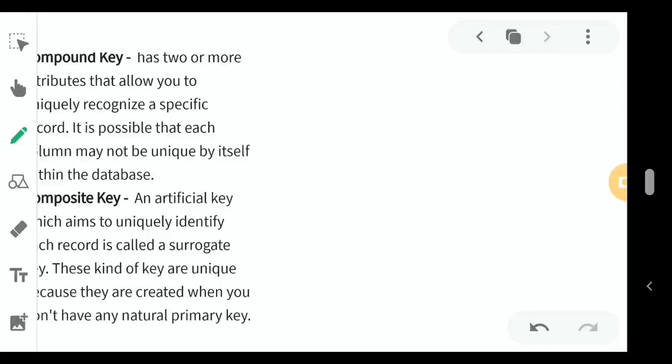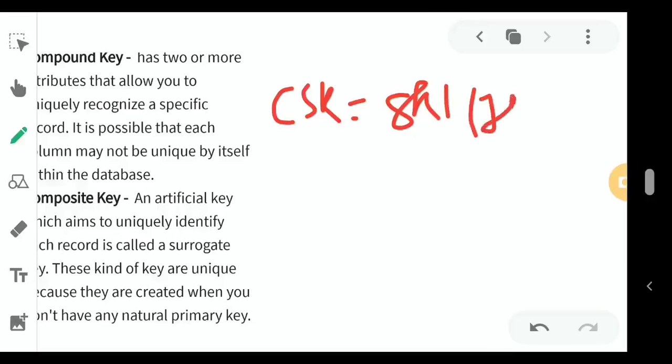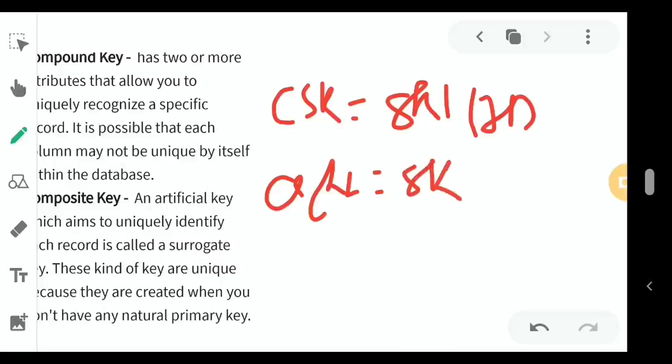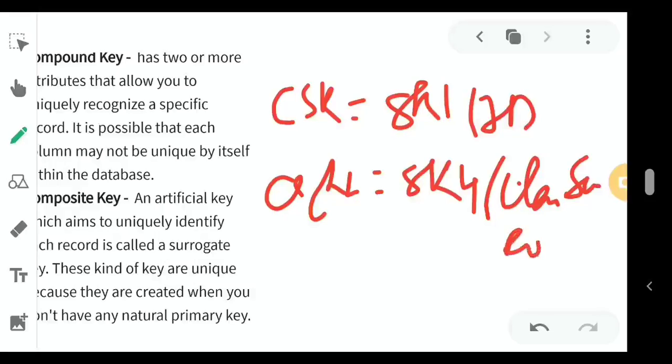Suppose CK1 is equal to SK1, that depends upon the ID, and CK2 is equal to SK4, that has class, section and roll. So CK1 is the first candidate key, and CK2 is the second candidate key for the student table.